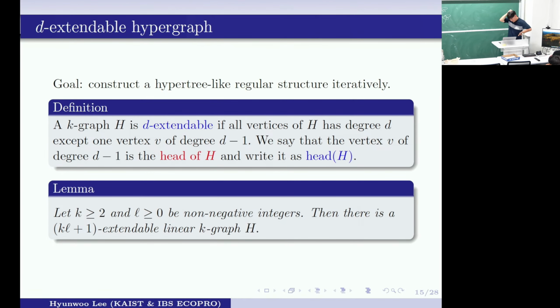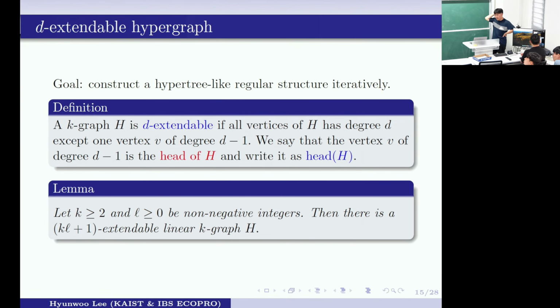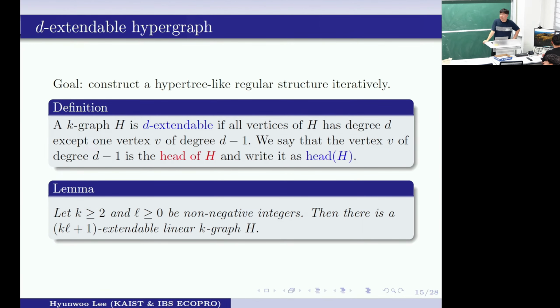And we can show that there are infinitely many such D for which there is a D-extendable linear hypergraph. We can explicitly and inductively prove this lemma, so we can explicitly construct this D-extendable linear K-graph.